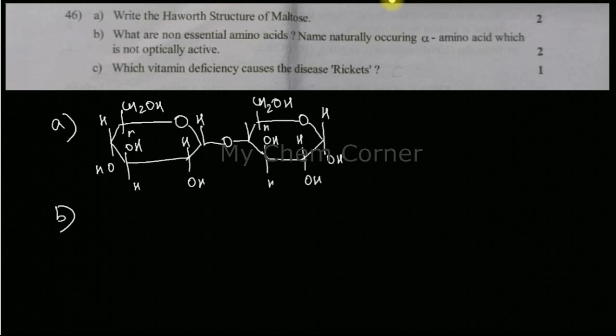Then question number B. What are non-essential amino acids? Name naturally occurring alpha amino acids which is not optically active.